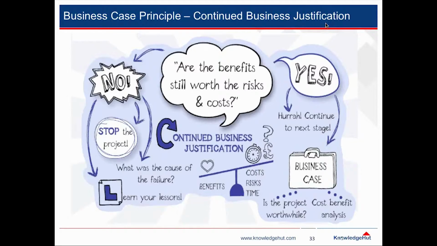You see here that there's also the option of saying no and stopping the project. That is quite a radical solution, and as we know, it does not happen that often. But it is really a way of measuring whether you're still creating value with what you're doing.